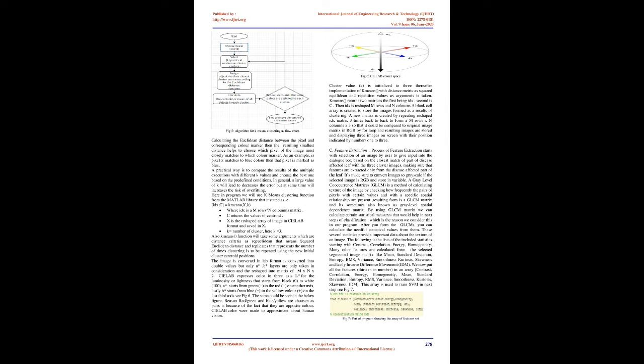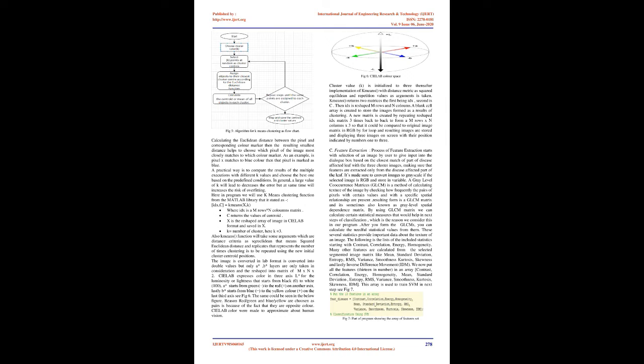Lastly, B* starts from blue to yellow, plus, on the last third axis, see Fig 6. The same could be seen in the below figure. The reason red/green and blue/yellow are chosen as pairs is that they are opposite colors. CLAB colors were made to approximate human vision.